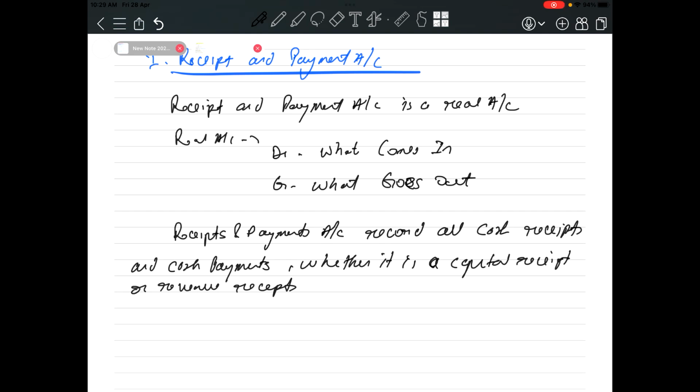It doesn't matter whether it is of capital nature or of revenue nature. Whatever cash you are receiving, you will record that in your receipt and payment account.